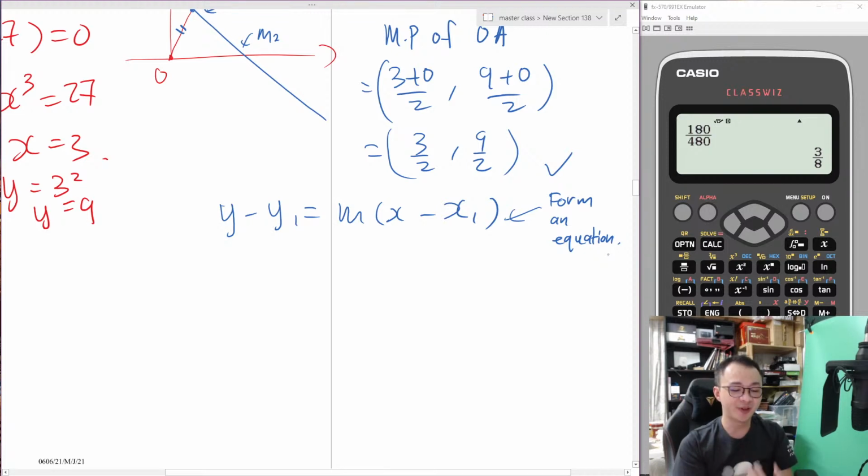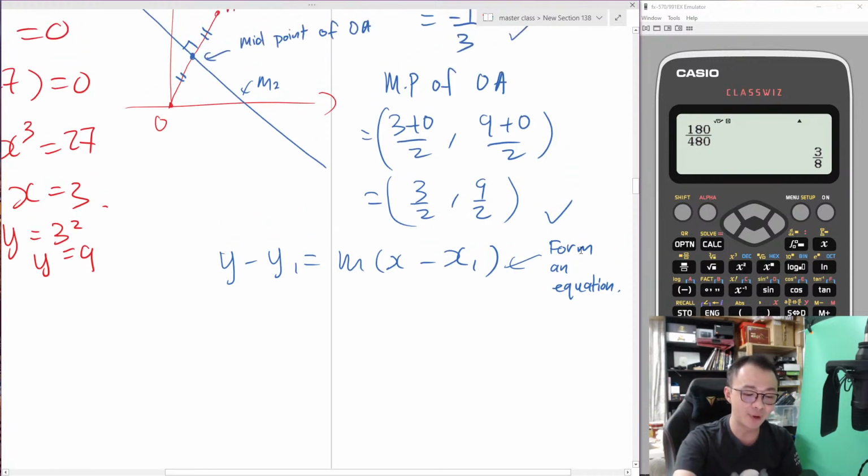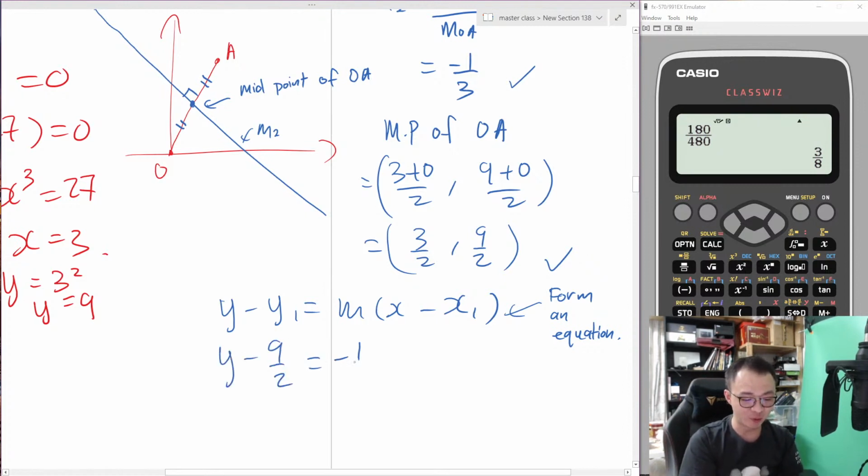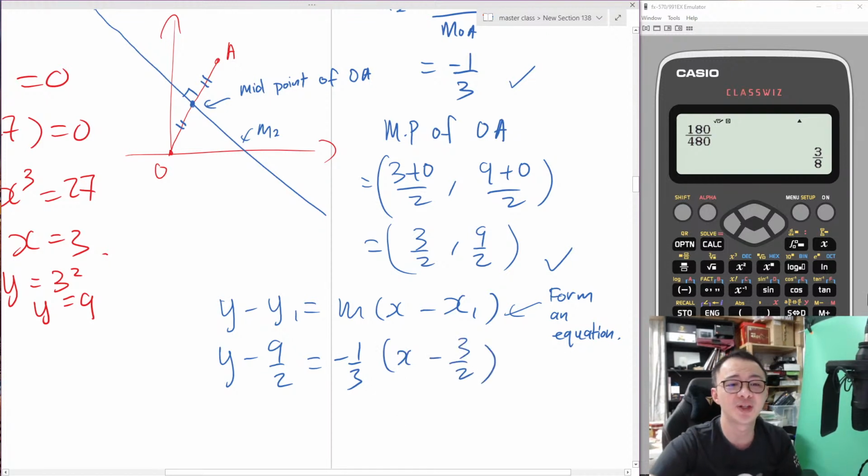So it's very easy. You just need to sub your coordinate as the x1 and y1. So y minus 9 over 2 equals, m is -1 over 3, times (x minus 3 over 2). Alright, I will just solve this equation, or you can leave the equation like this and you are fine. You will still get the correct answer here. Or if you want to simplify further, go ahead.